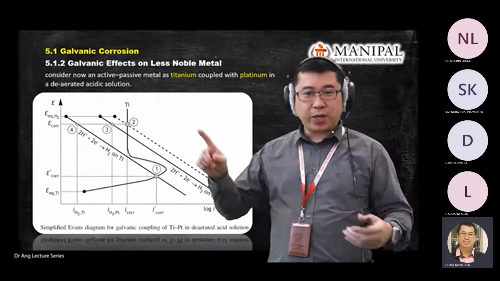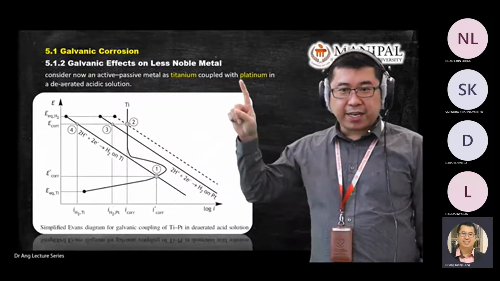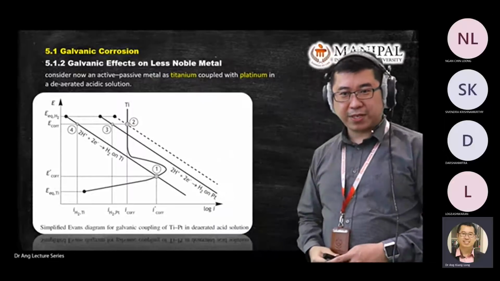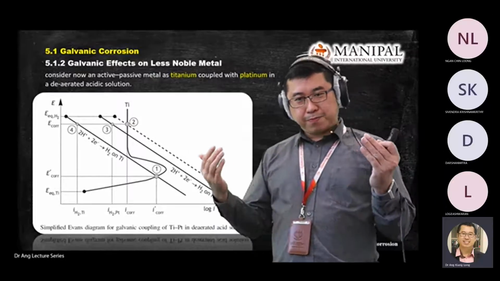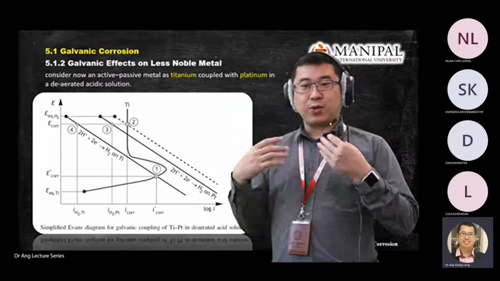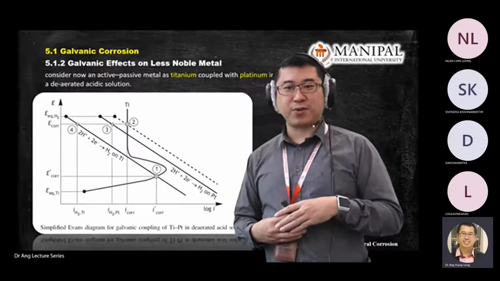So now we look at active passive metals, titanium and platinum. Okay, titanium and platinum metals. So when you put titanium and platinum together again, what do you do first? You look at the table that I gave you in the tutorial, I forget which question already.